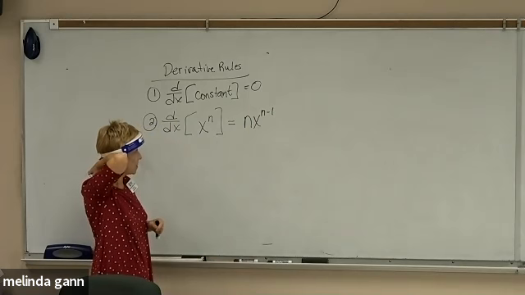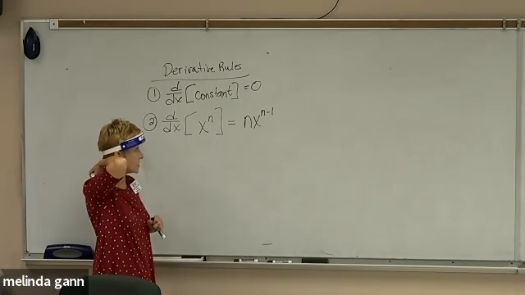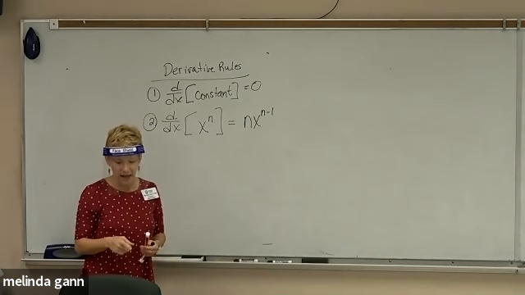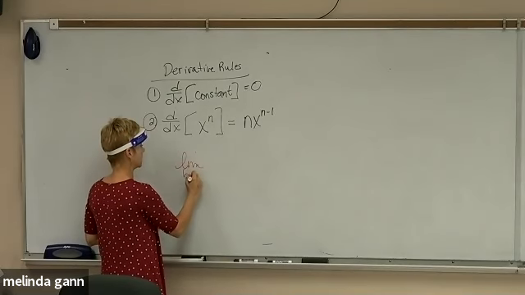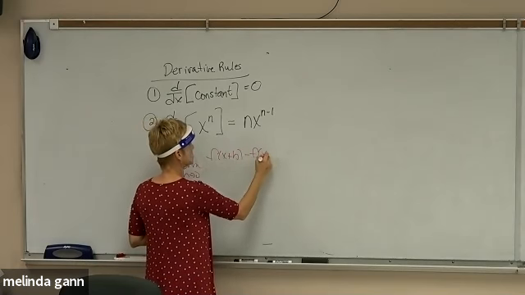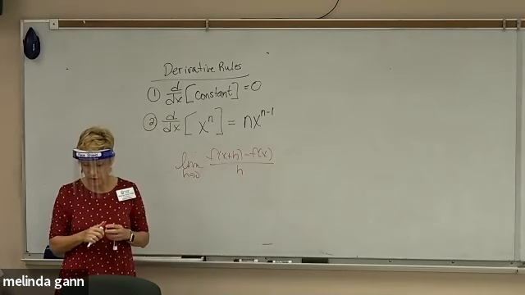Now, they do a really nice proof of this one in the book. I'm just going to hand wave at it for a second because I don't have time to do the whole thing. All right. They kind of show you if you start doing your definition. Now they use delta x's instead of h's. Everybody with me? That's the only thing that they're doing different.